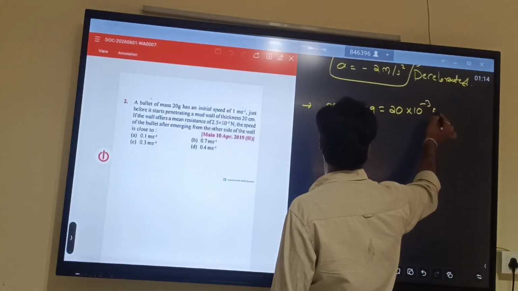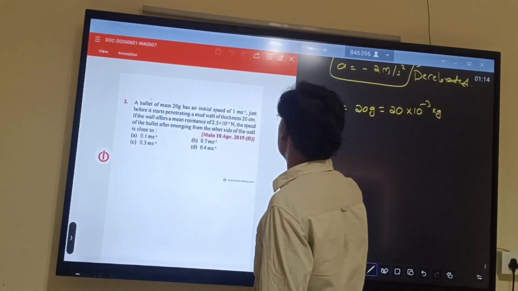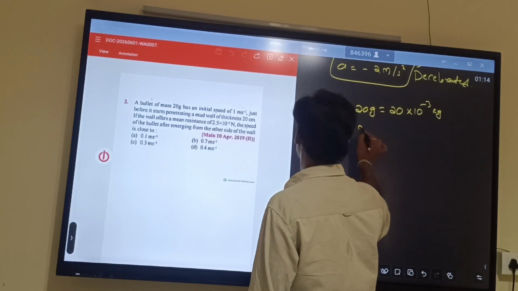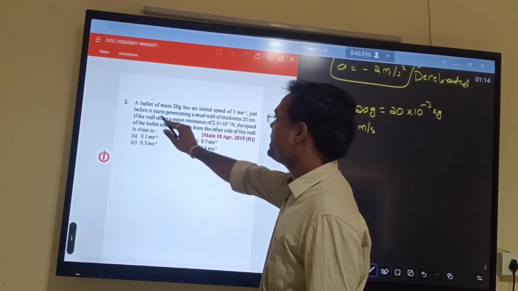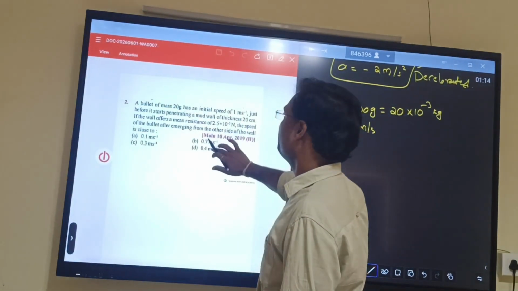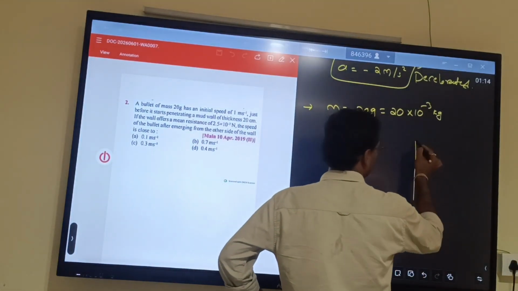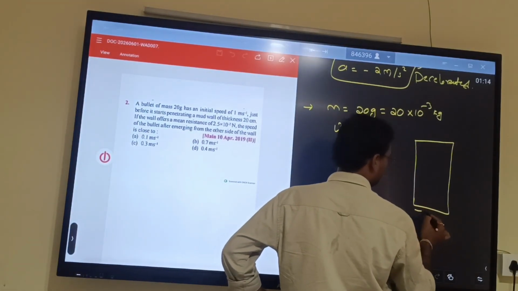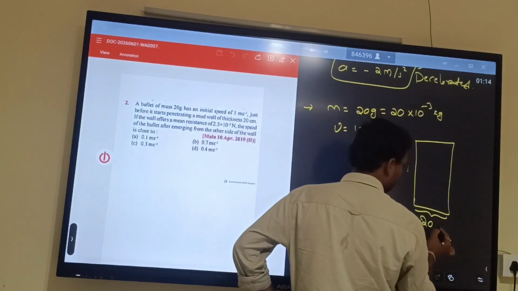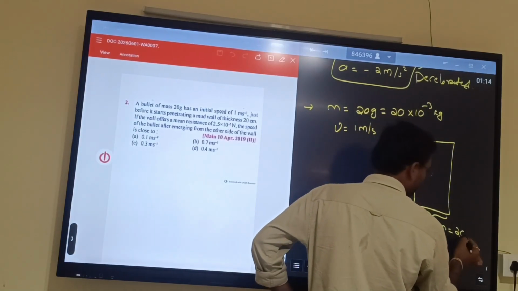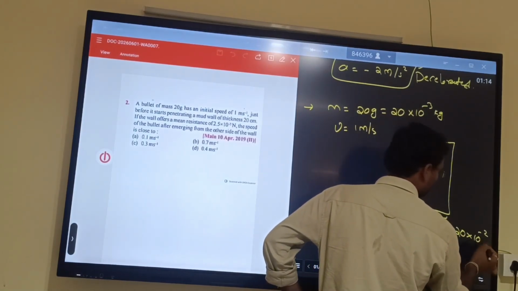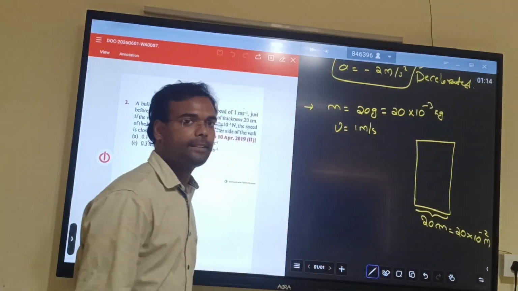So the mass is 20 into 10 to the power of minus 3 kg, at a speed v equal to 1 meter per second, just before it starts penetrating a mud wall of thickness 20 centimeter. That is 20 into 10 to the power of minus 2 meters wall thickness. Clear?